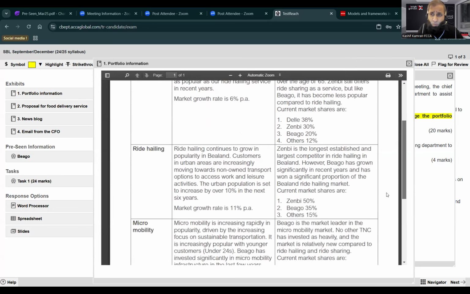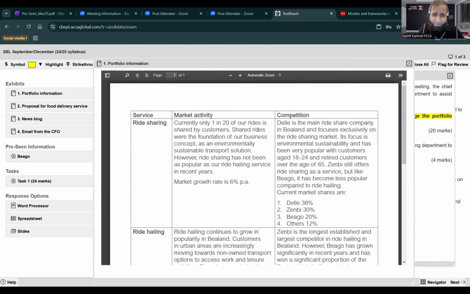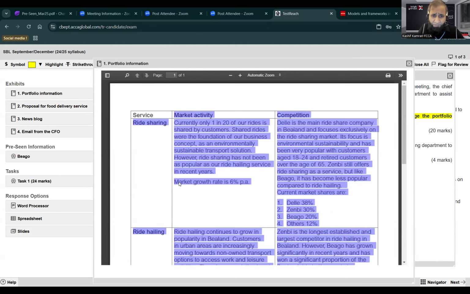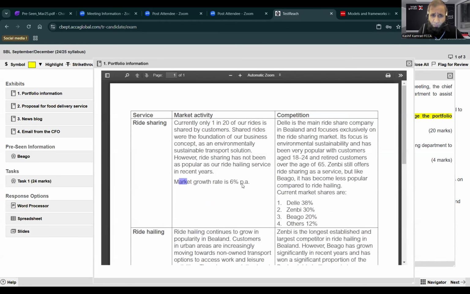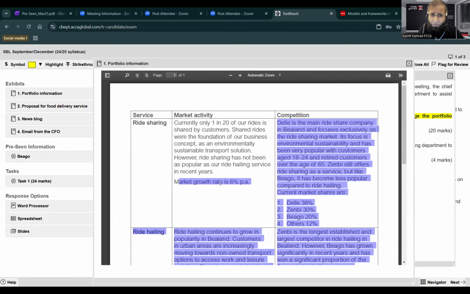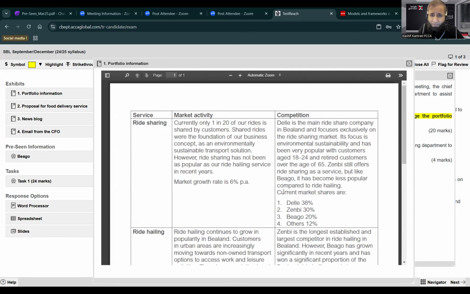And when I look at the table, it is telling me about the market growth rate of ride sharing. And the table is telling me not just the market growth rate of the ride sharing, it's also telling me the current market share of my business.